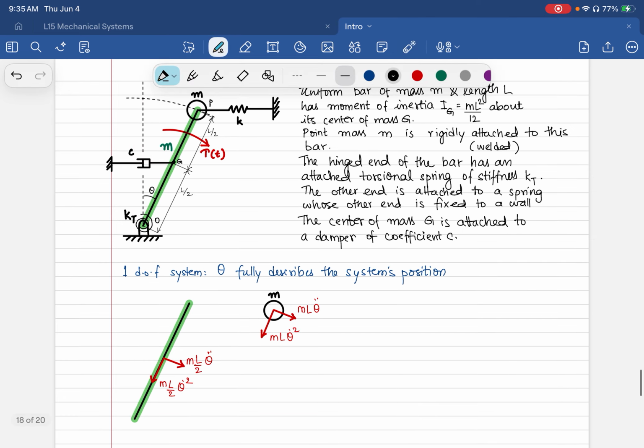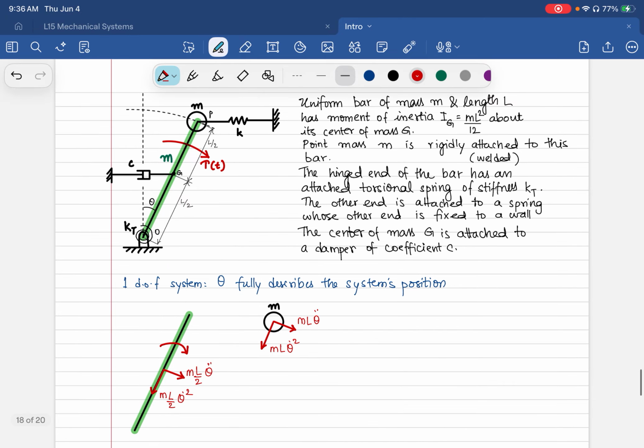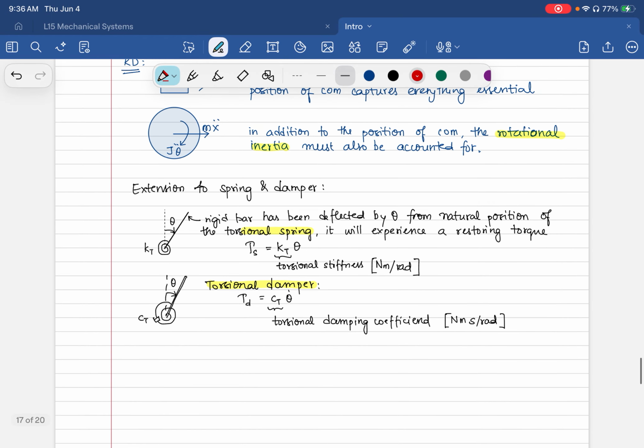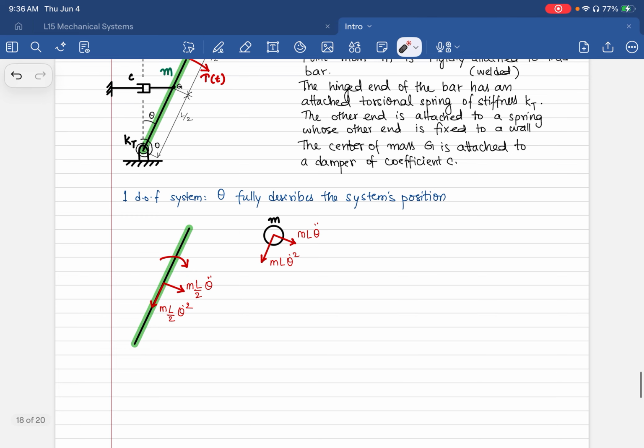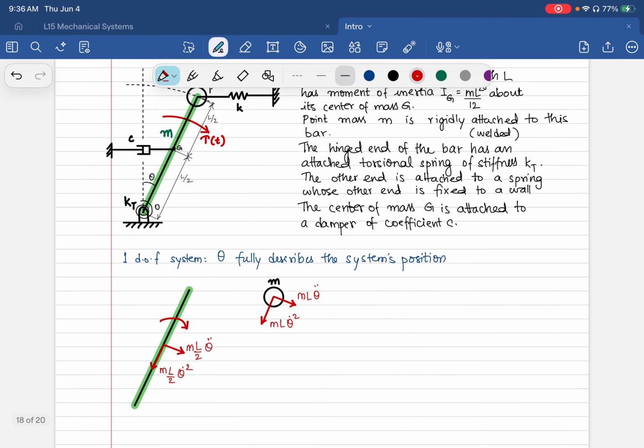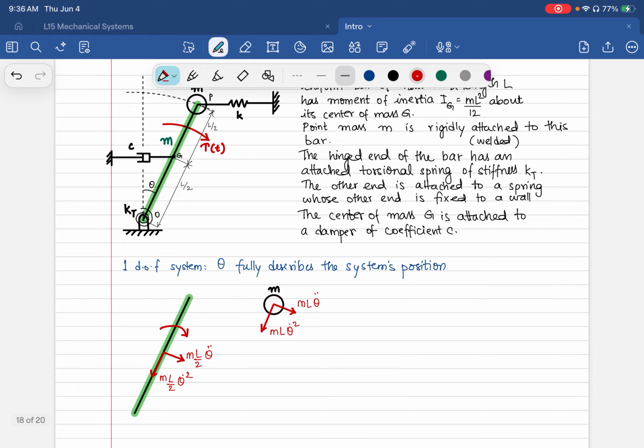And so you now have a rotational inertia component creating a moment of I_G theta double dot. So J, the moment of inertia, theta double dot. In this case, the moment of inertia is given as I_G, so this is m L squared by 12 theta double dot.